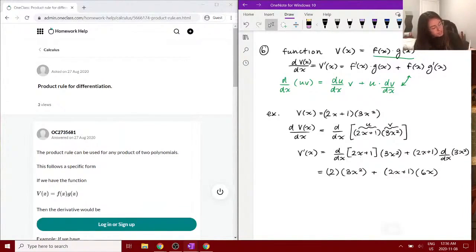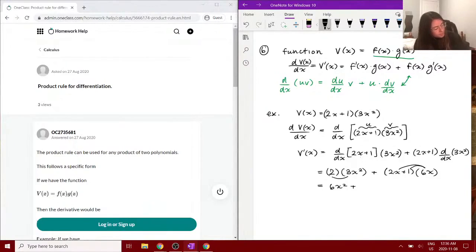All right, we can expand this a little bit. So we have 2 times 3x squared is 6x squared, plus, and then let's distribute this into the bracket.